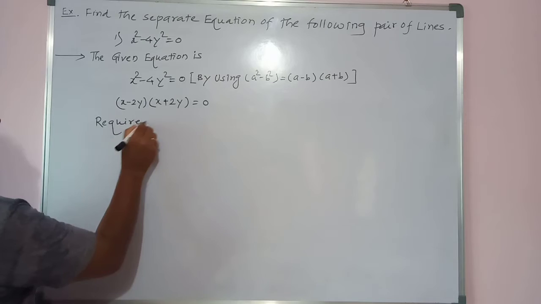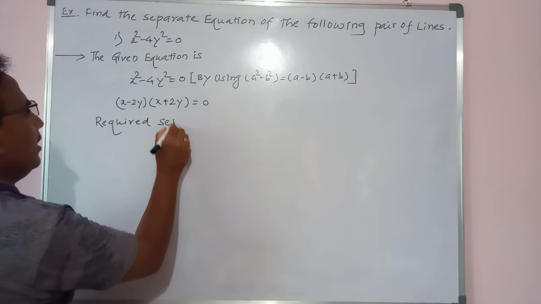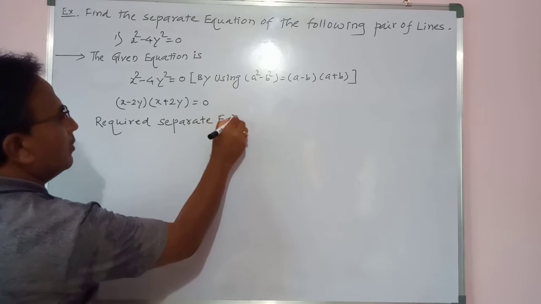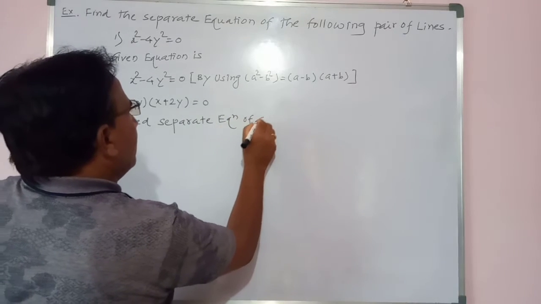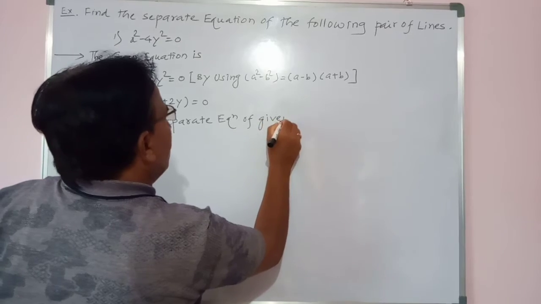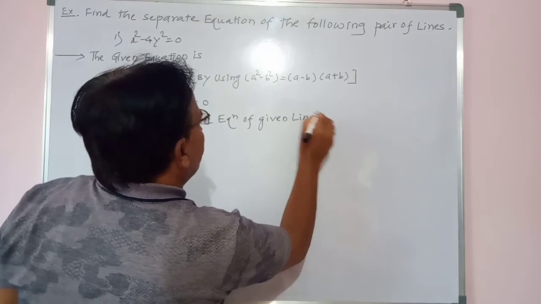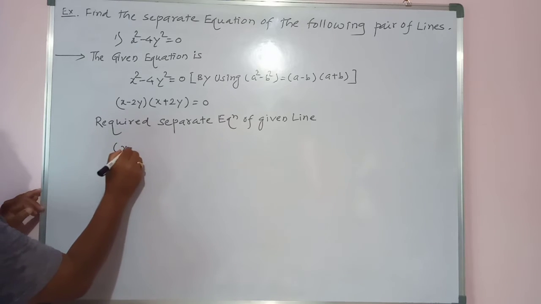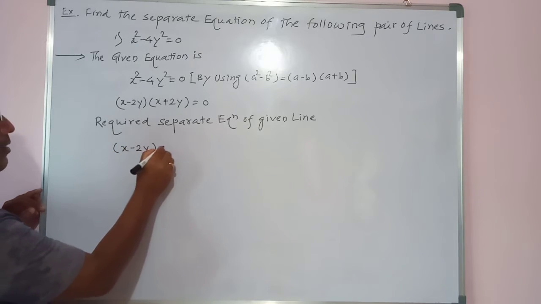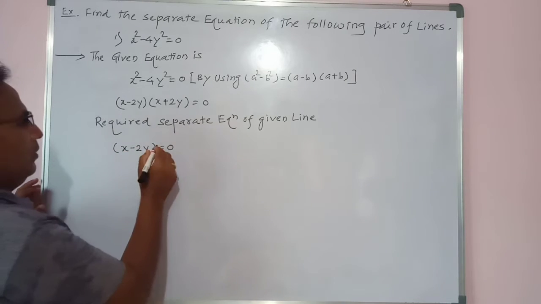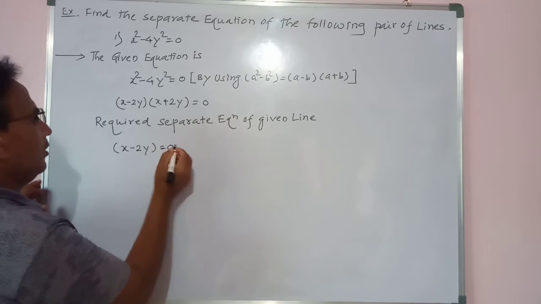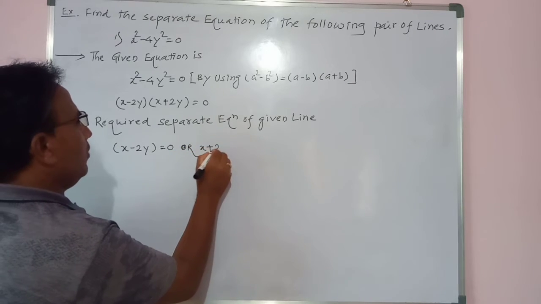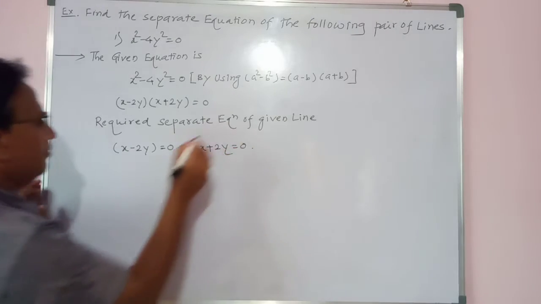Therefore, the required separate equation of the given lines is x minus 2y equal to 0 or x plus 2y equal to 0.